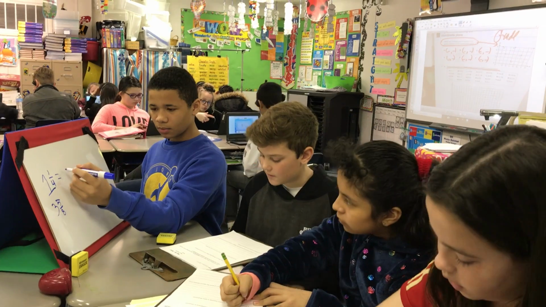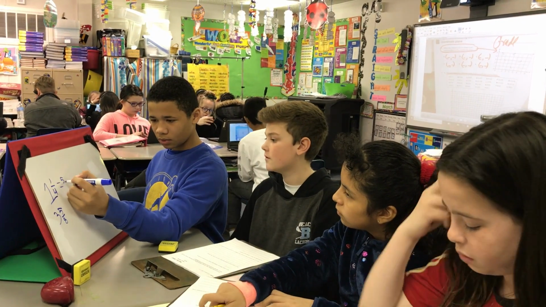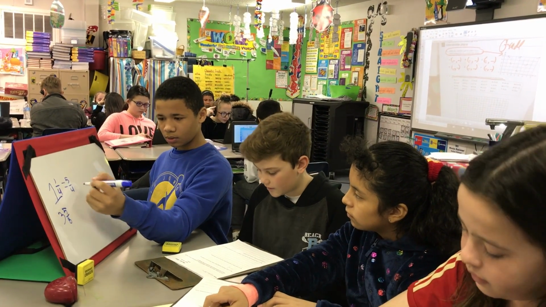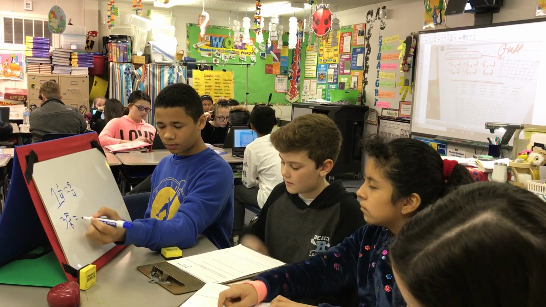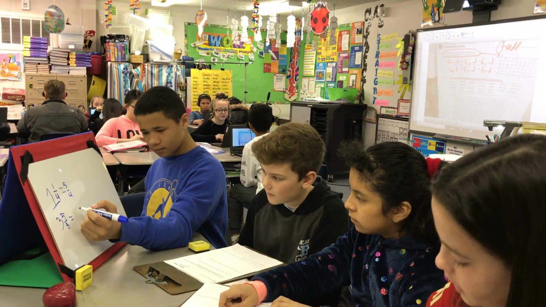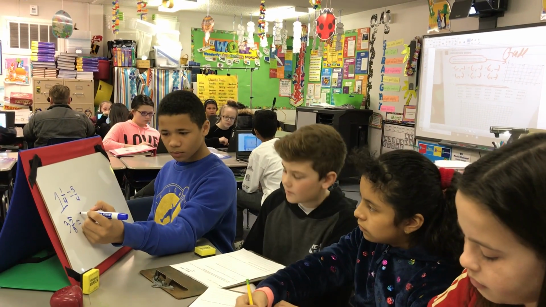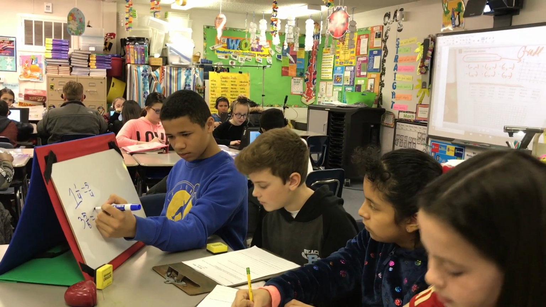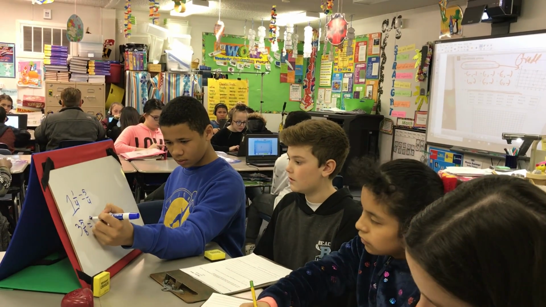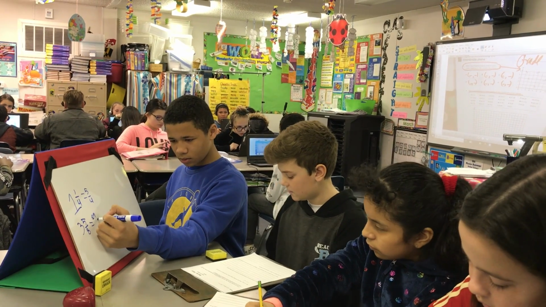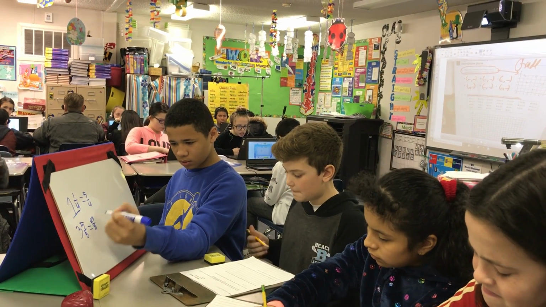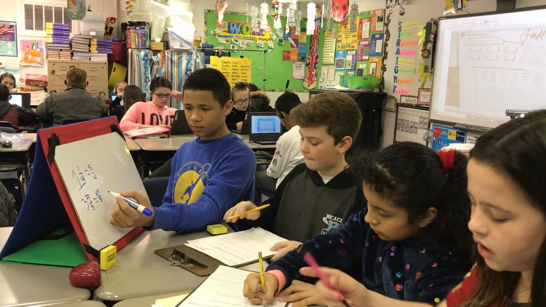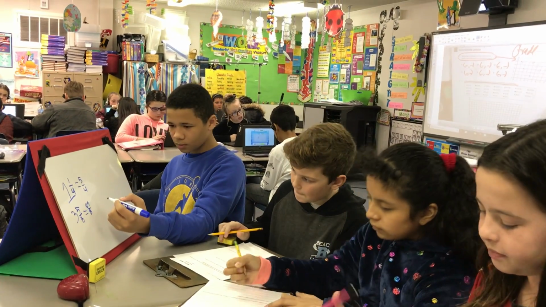1 1/4 equals 5/4 because 4 times 1 equals 4 plus 1 equals 5. And 3 5/8 would be 8 times 3 equals 24, 24 plus 5 equals 29, so 29/8. And so now let's change to a common denominator.